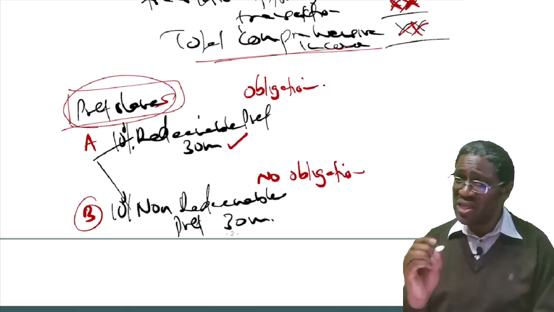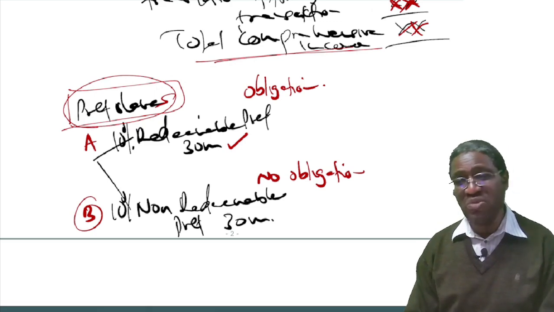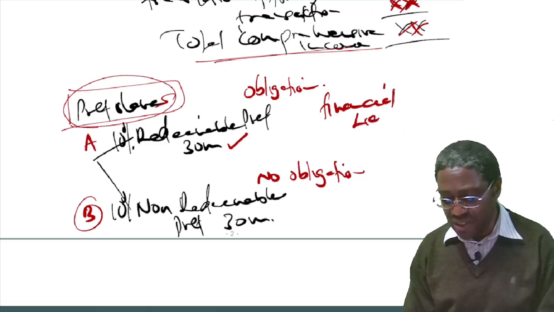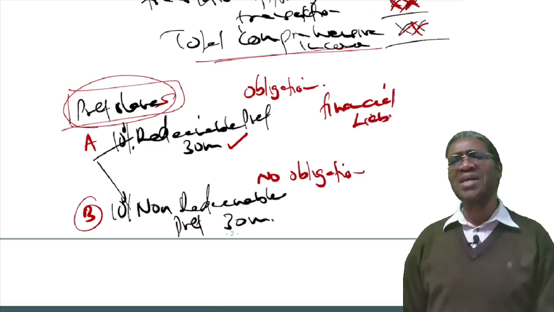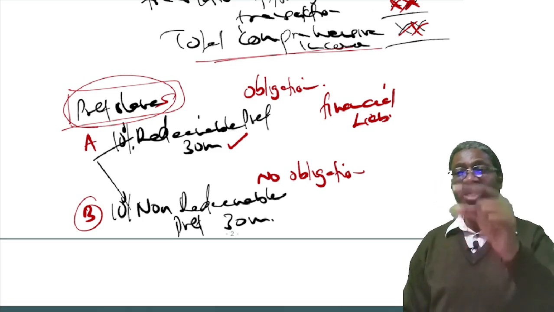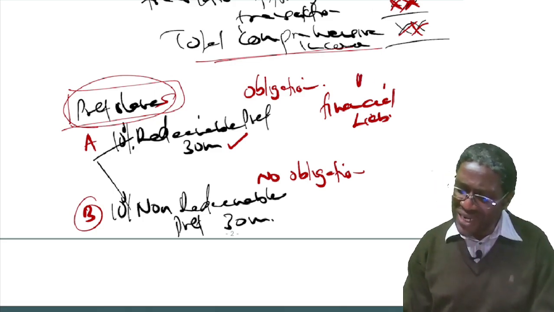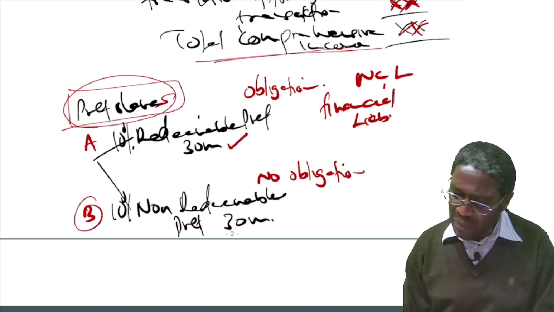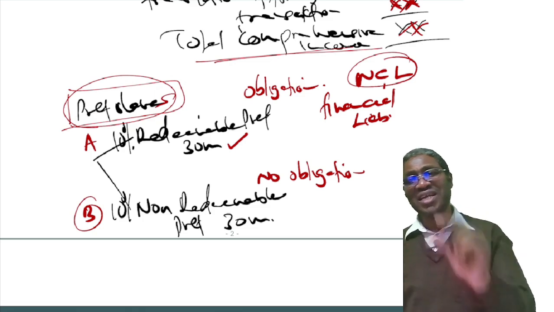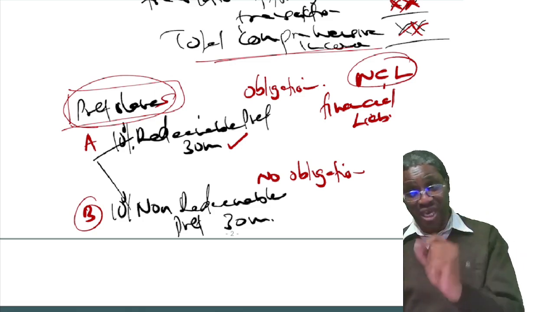So the 30 million for company A will be taken to the balance sheet as a financial liability. The company has an obligation to pay the 30 million in the future. So in the balance sheet, among the non-current liabilities, that's where you will take the 30 million for company A.